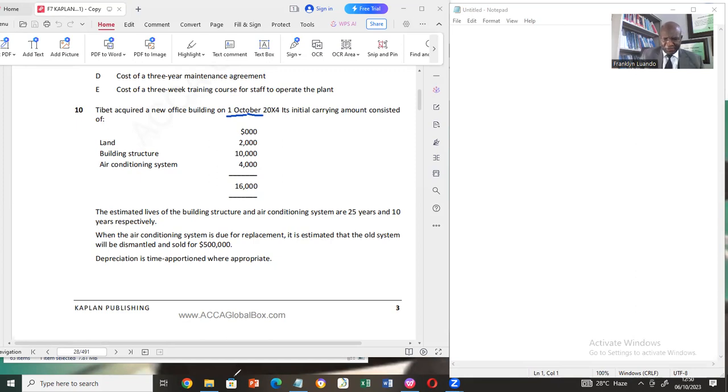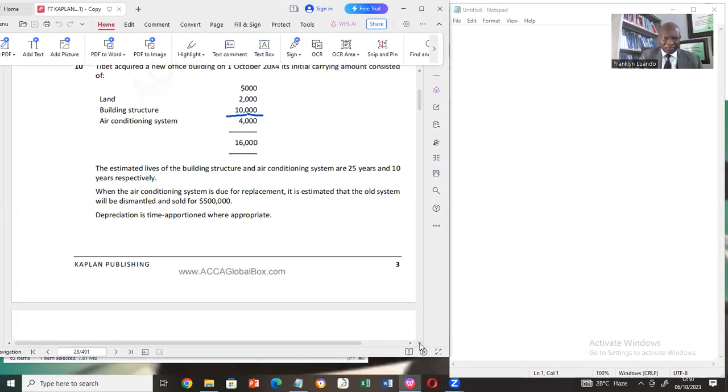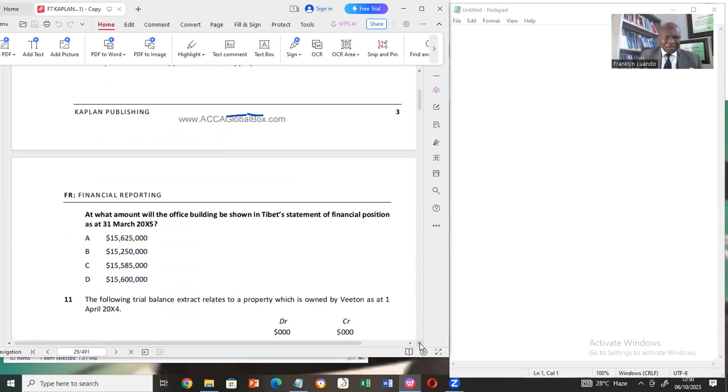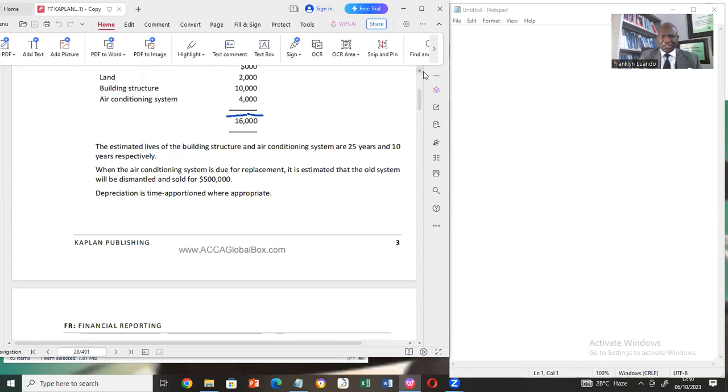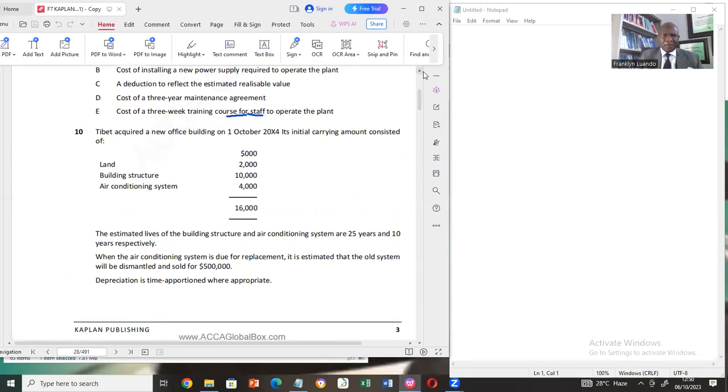So we can check the reporting date. What amount will the office building be shown at in Tibet's statement of financial position? There we know the reporting date is 31st March.